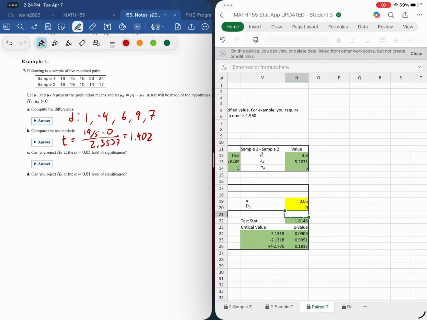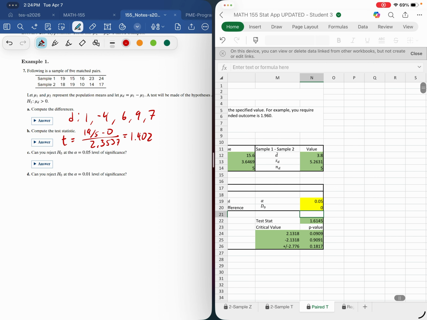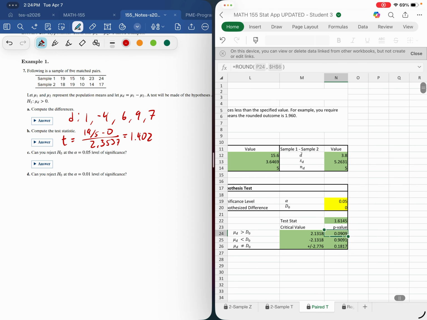If the alternate hypothesis is greater than, it looks like we can't reject it, right? No, because P equals 0.0909 is greater than alpha equals 0.05.